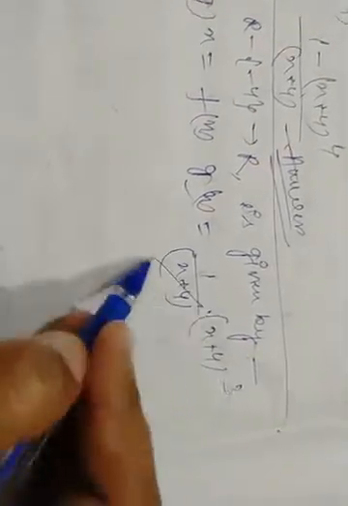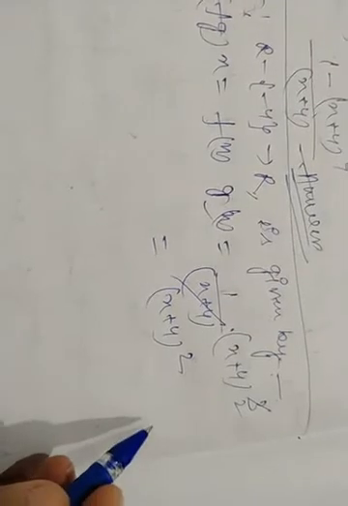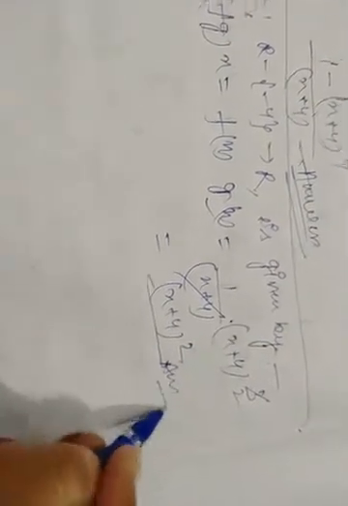So the 1 is cancelled with each other, and we have (x plus 4) whole square. This is the answer.